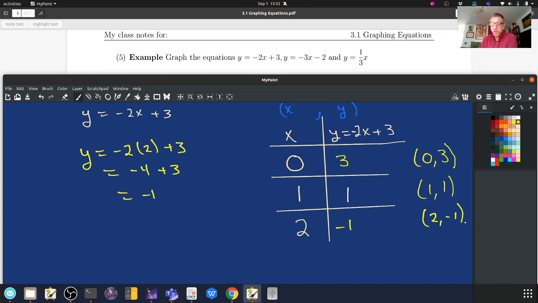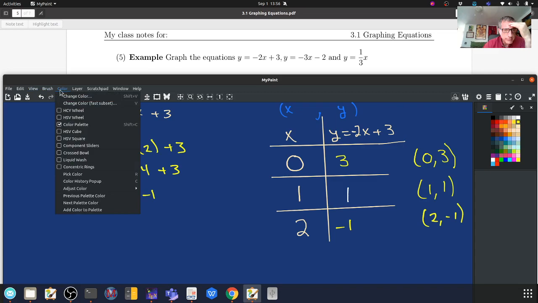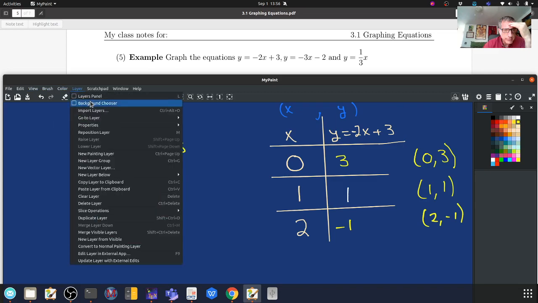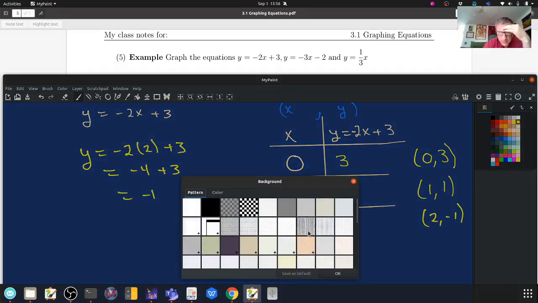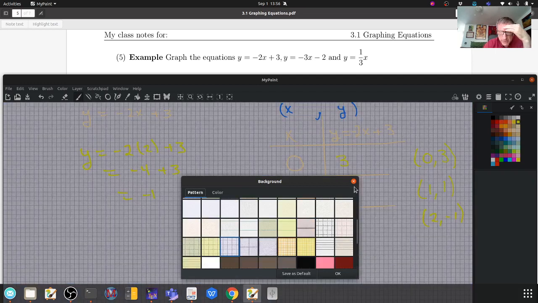Now for you, what you're going to be given is graph paper. Let me give you an example. You won't be allowed to use GeoGebra on the exam at all, period. So you'll be using something like this.